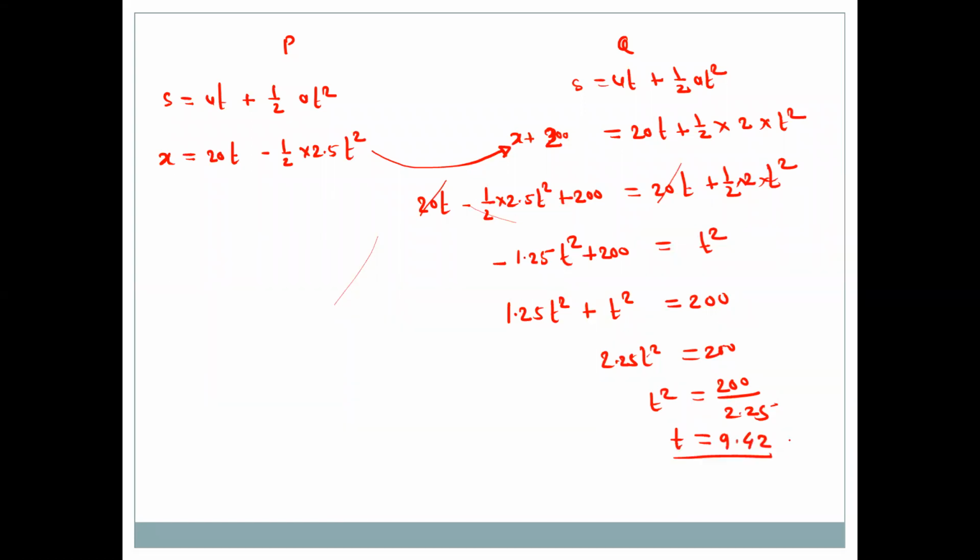So time t is equal to 9.42 seconds, and put this value of t in this equation. So you will get the value for x. So x you will get as 77.45 meter. Okay. So at x distance with respect to car P, that is the initial position of the car P, car Q will overtake the car P.